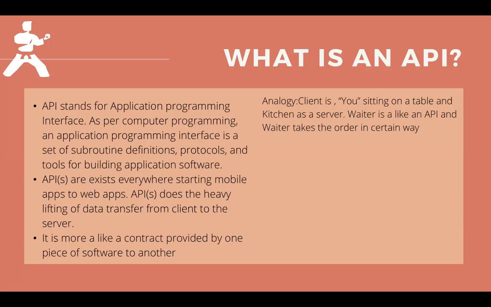So you have somebody doing the heavy lifting. Somebody is doing the job for you. An API, that is where we're saying a waiter, and will do the job. Like he'll take the order and go and inform the chef and say, this is the order, we need to get it ready. But if you look at it, the waiter, he or she, we're just taking as a he, he'll take an order in a very specific format.